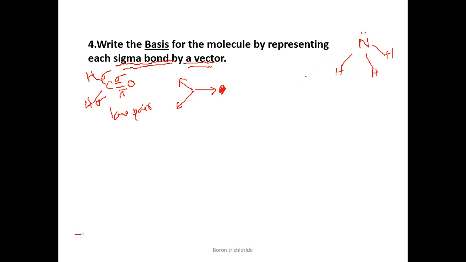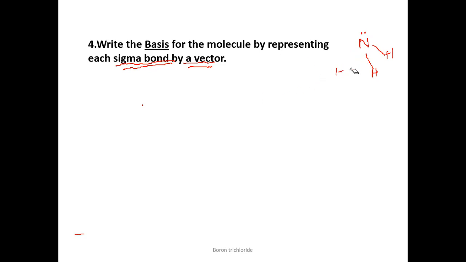So when you write the basis, you have to write like this, like this, like this for the 3 N-H sigma bonds, and there should be a fourth vector for the lone pair. So you have to assign a vector for a sigma bond as well as lone pair, but you should not assign a vector for a pi bond.